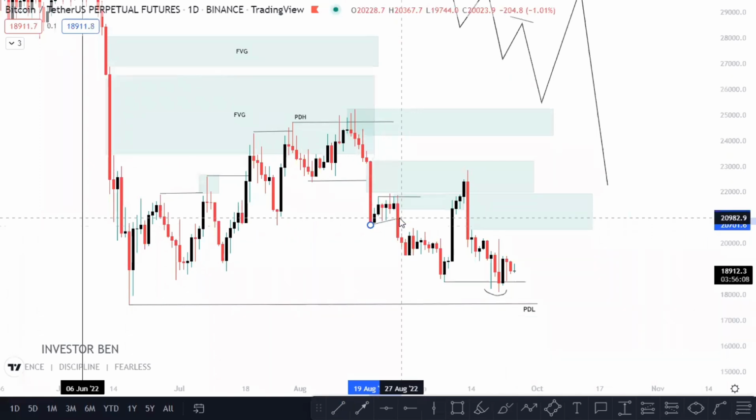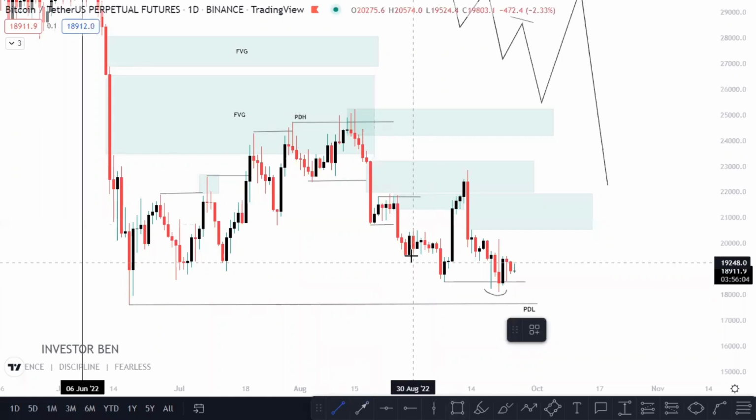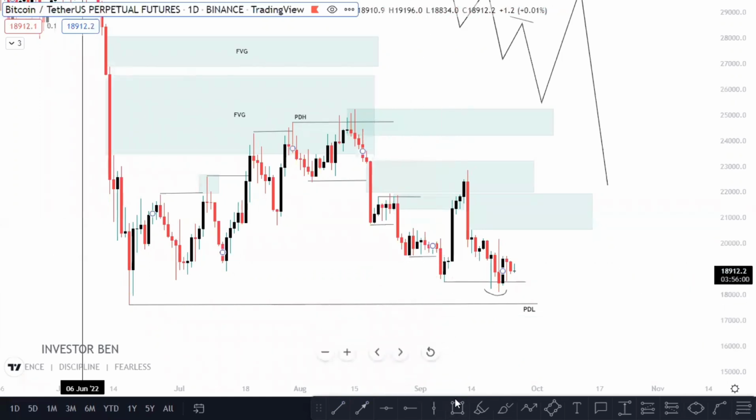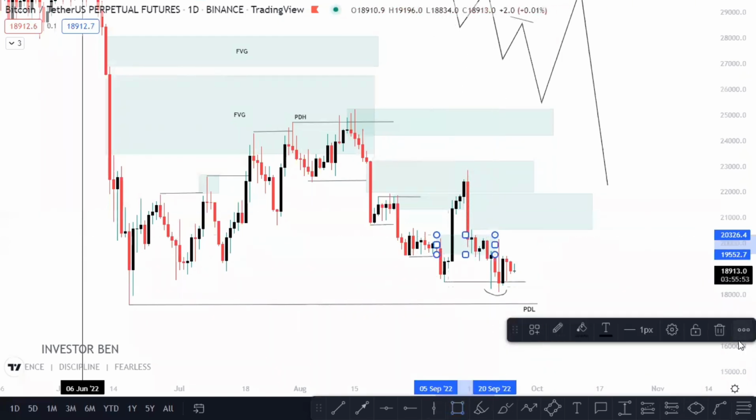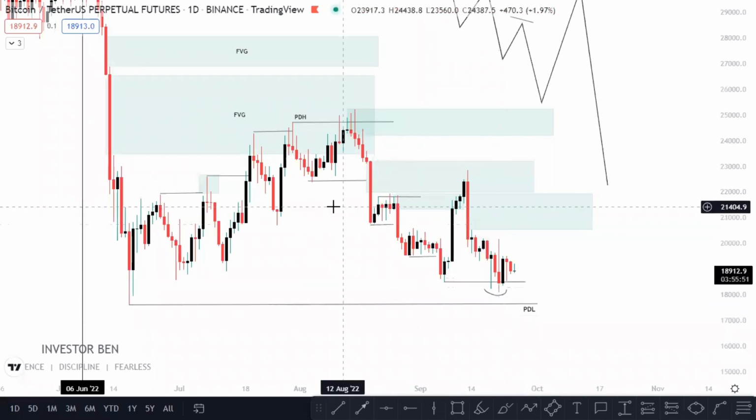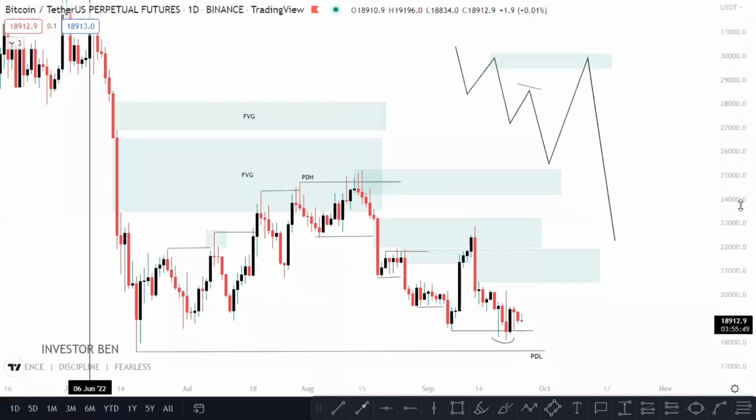A break of market structure to the downside, another break of market structure to the downside. So these are your downtrend features. This breaker block didn't hold at all, but if you look at this thing, there was a reaction at this point. So let's scroll to lower time frame to do some things there.